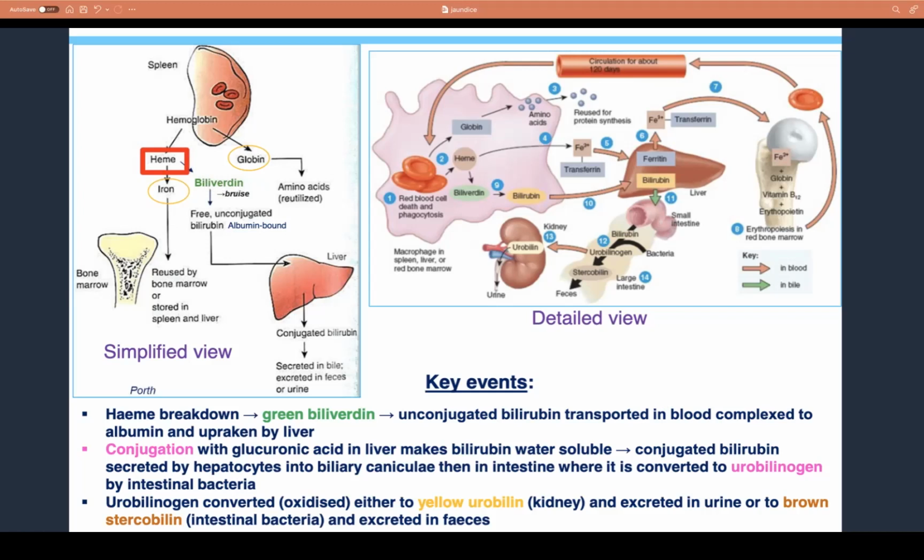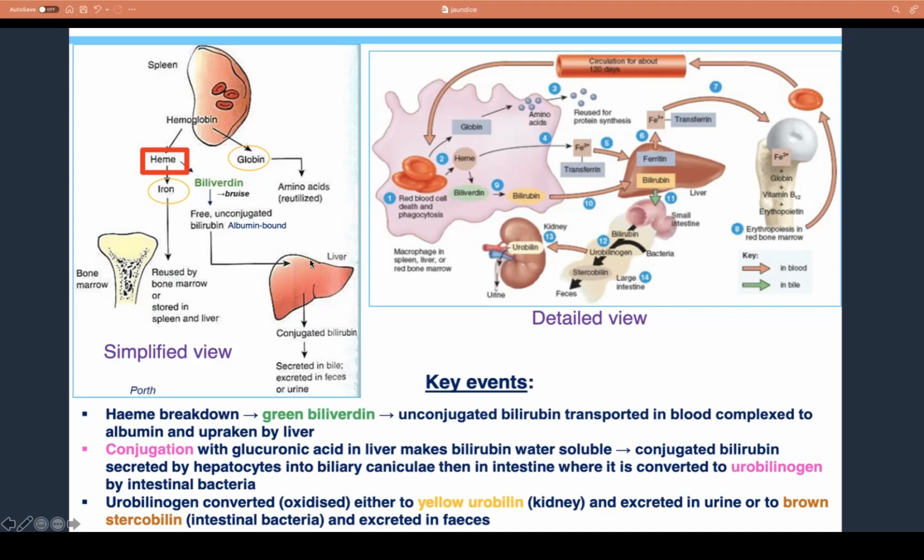So biliverdin is actually a greenish color, and this then can be quickly converted in our reticuloendothelial system into bilirubin. Bilirubin is then, or we call this unconjugated, so this is lipid soluble, and it's transported in our blood either freely or bound to albumin, and is then taken up by our liver.